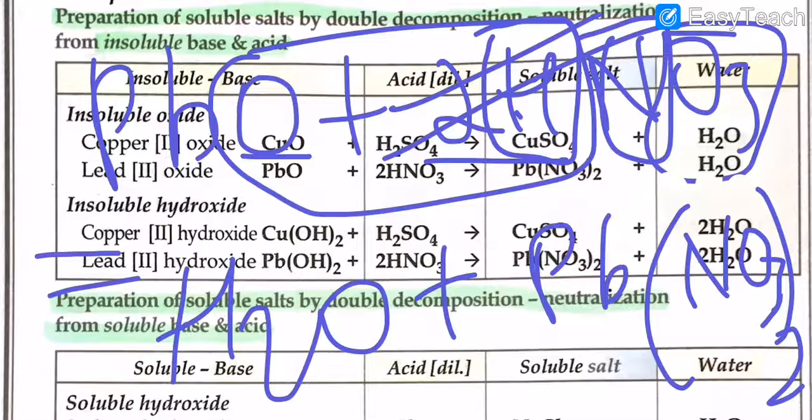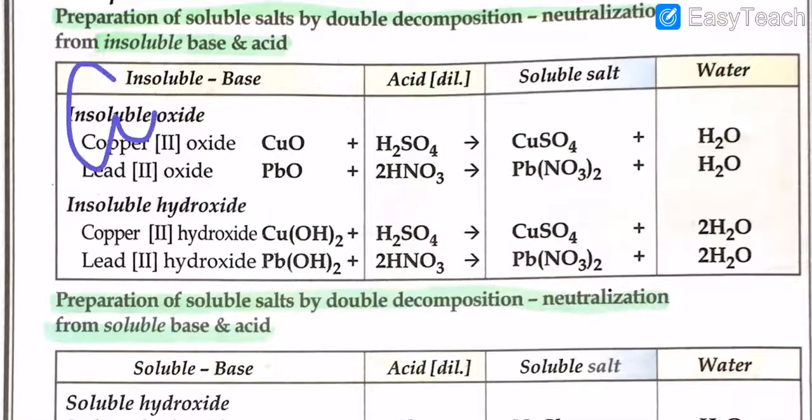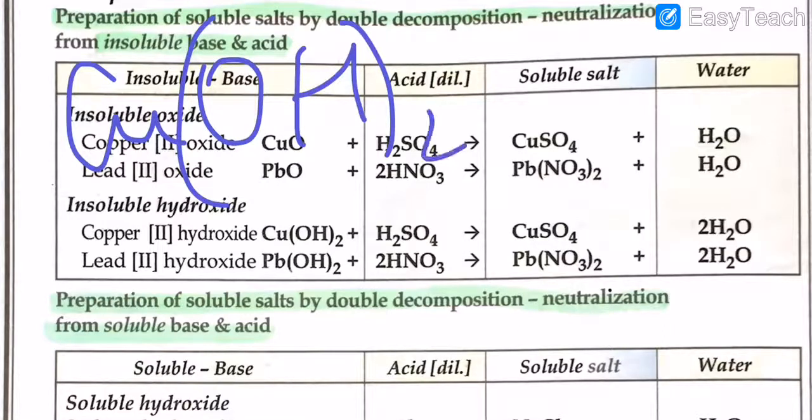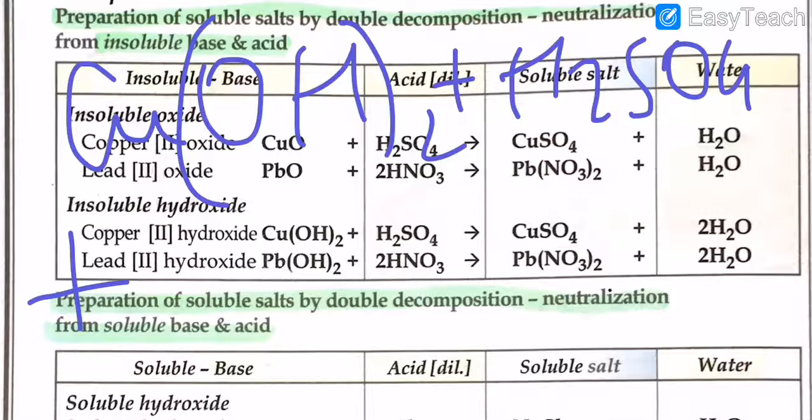Fine. Now let's take insoluble hydroxides. Hydroxides as in OH. OH minus is your hydroxide. So let's take copper hydroxide, Cu(OH)2, plus H2SO4, again dilute acid. So H2O.